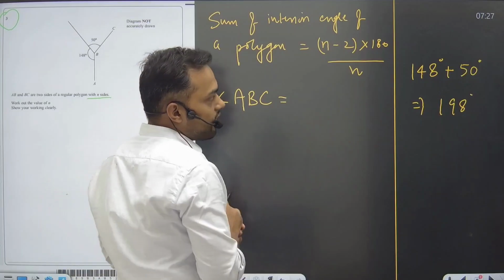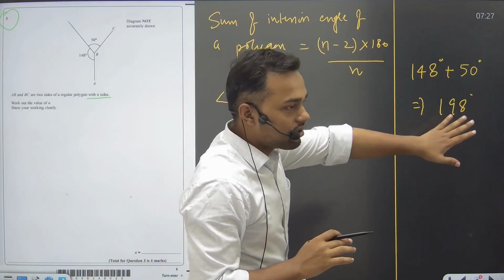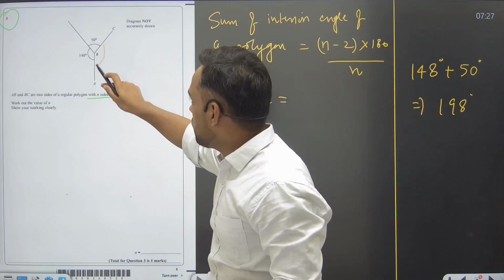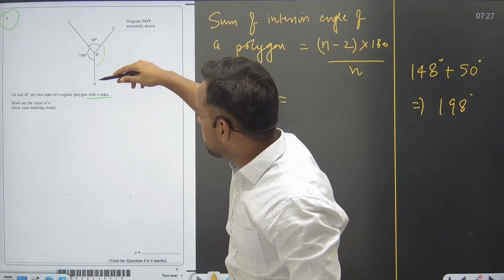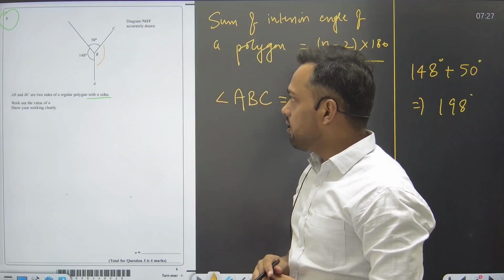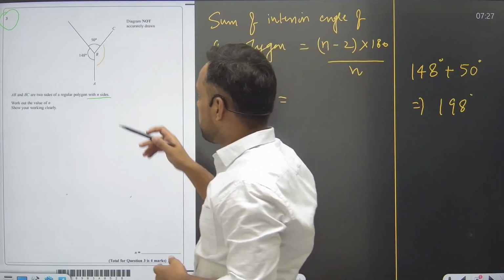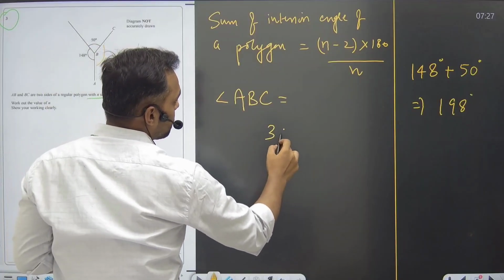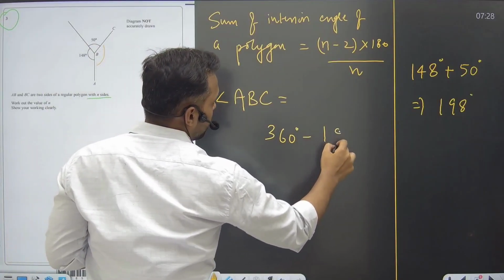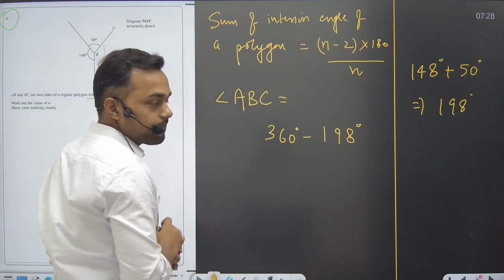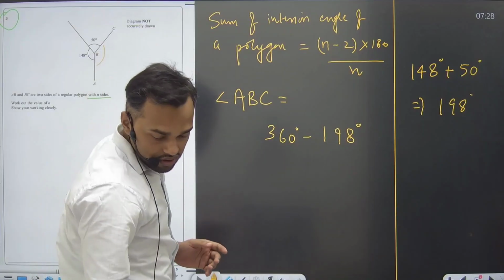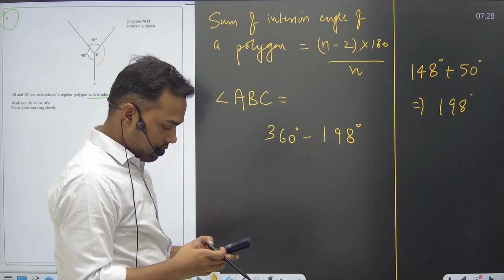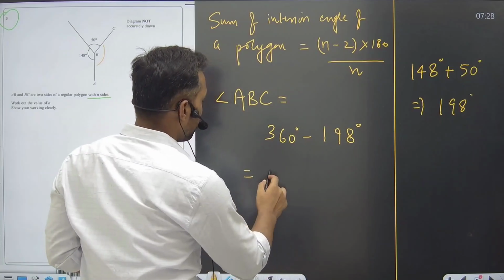The 198 degree is not the interior angle. Okay, if you will see this part, the interior angle between the sides AB and BC will be the reflex angle. So the reflex angle will be given by 360 negative of 198, which will be 162 degree.